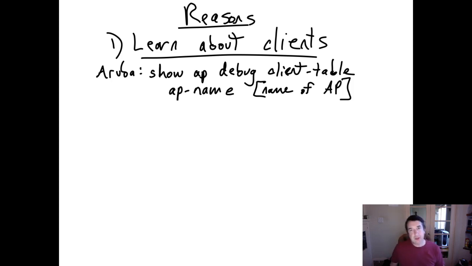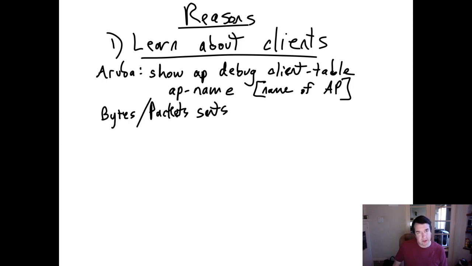When I would do that command, it would give me a lot of the information that historically I would look for from captures. It would give me the amount of packets sent. I'm trying to remember, it might have been bytes sent. It's been a few months since I've done the command, but it was either bytes or packets sent.